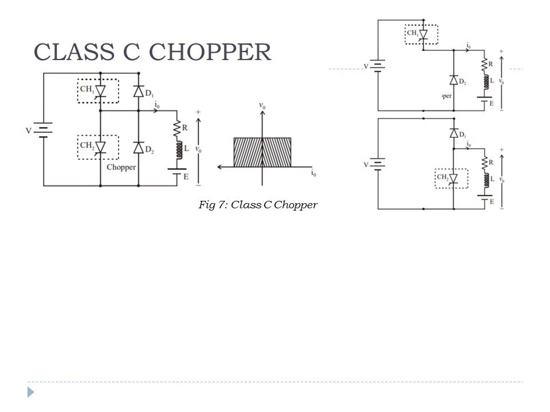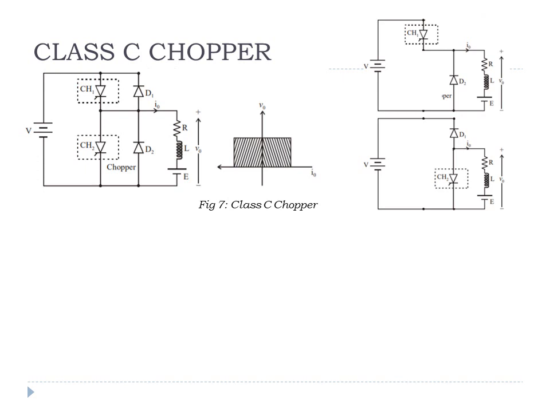This is the equivalent circuit for first quadrant operation. During second quadrant, we operate chopper 2 and diode D1. So it becomes equivalent to the circuit which we have just discussed, the class B operation. We know that class A is first quadrant operation, and class B is the second quadrant operation.